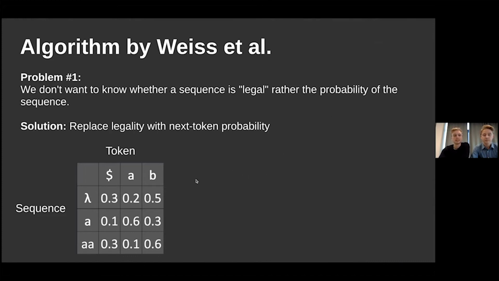So it can easily be solved by swapping the columns for not whether some sequence is legal, but rather the next token probability. So if we look at the state reached by going lambda, which means just stopping at the start state, we can see that the end token probability, denoted by a $ sign, is 0.3, and the probability of token A is 0.2. And so I hope you can recall the PDFA that we showed.